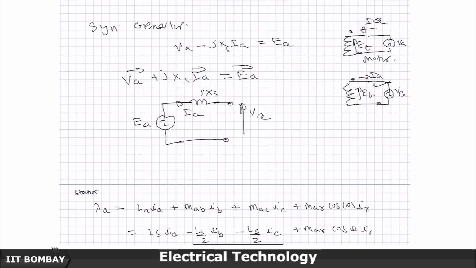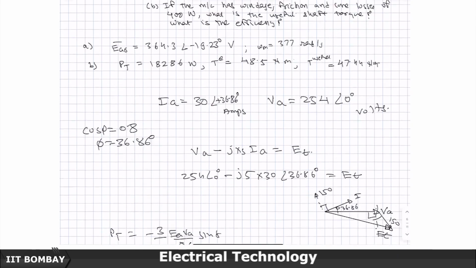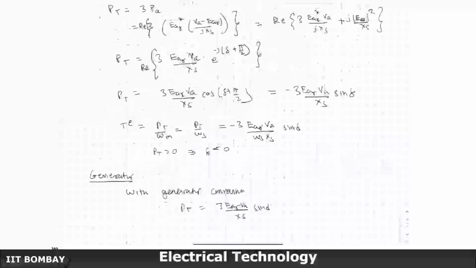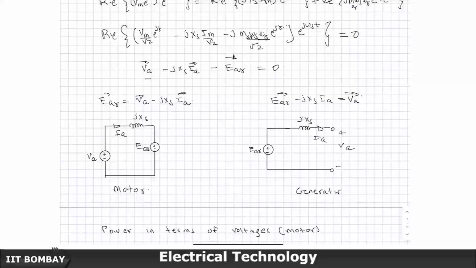The advantage of doing this, which I will probably take up in the next class, is that for the generator the torque angle will turn out to be positive and for the motor the torque angle turns out to be negative. So, that looks very neat and clean and elegant. I will just have that synchronous machine diagram somewhere. Yeah, so both these diagrams you can see here.